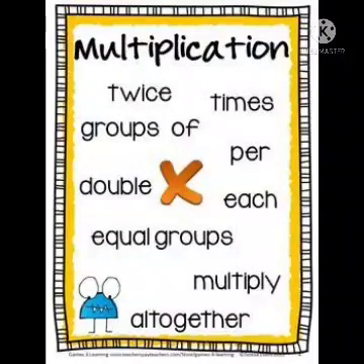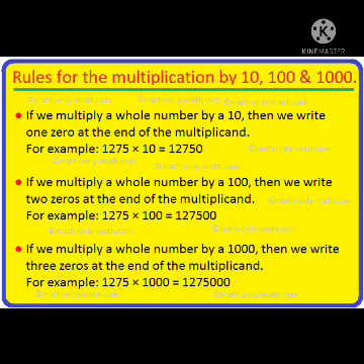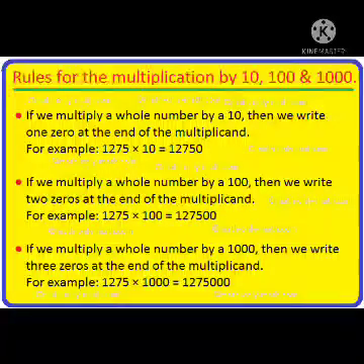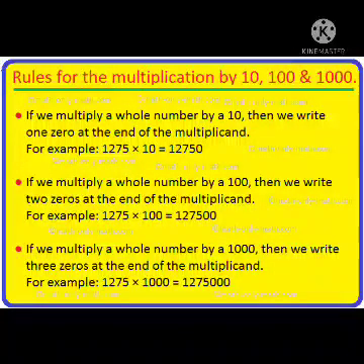Keywords are twice, times, groups of, double, per, each, equal groups, all together, multiply. Also, if we multiply a whole number by 10, then we can write 1 zero at the end of the multiplicand.